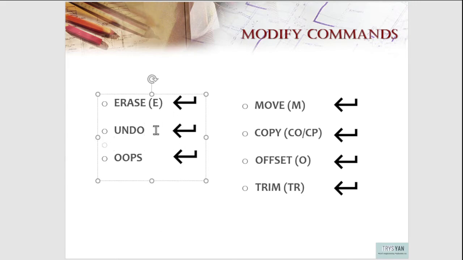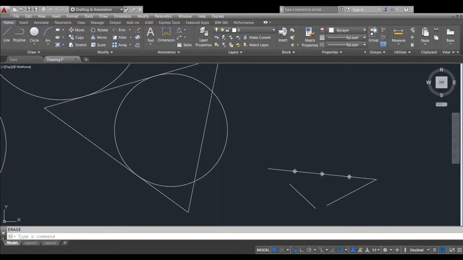Dito pala sa version ko, the undo is not like that. So, I need to type the whole, the 4 letters, the word undo, to undo the last command that we have made. So, let's go back to CAD.